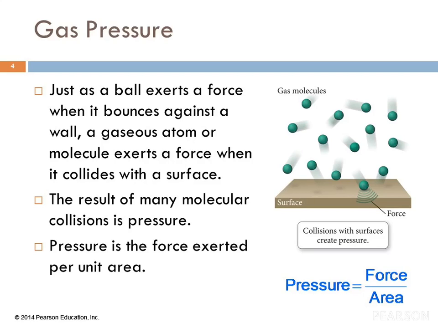So if I'm laying on the floor and my daughter Emily comes over and lays down on top of me, the force she is exerting is her weight. The pressure is her weight divided by the area, which is going to be relatively large if she's just laying down on top of me.